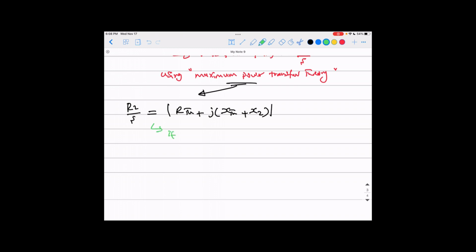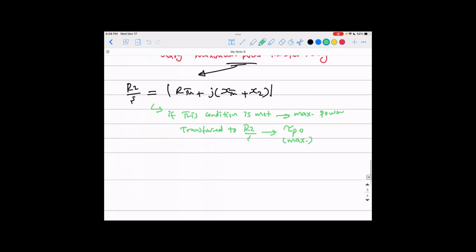So if this condition is met, that means maximum power is transferred to R2 over S, and that means that is the maximum torque, the pull-out torque condition. That's corresponding to this. Okay, guys?